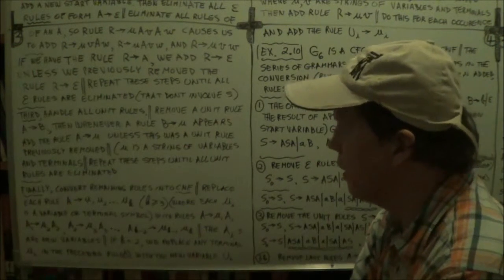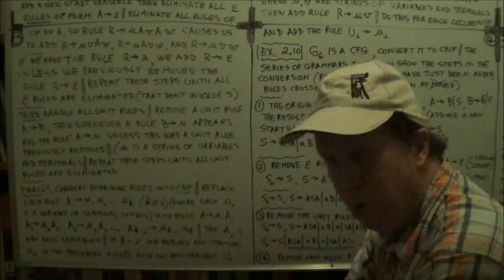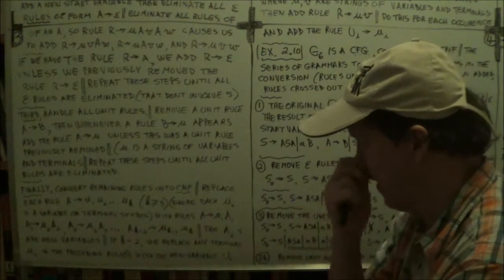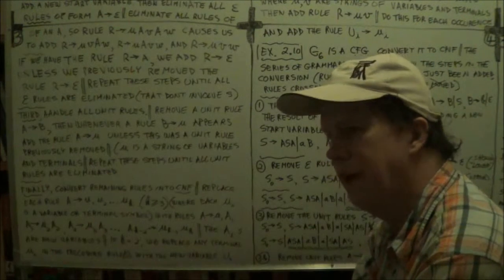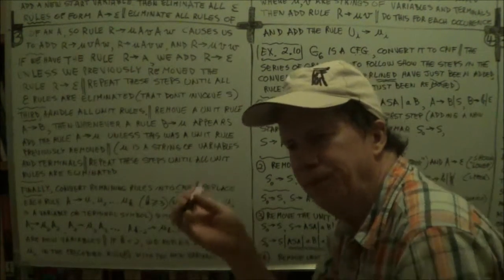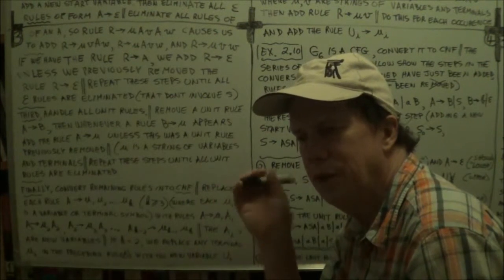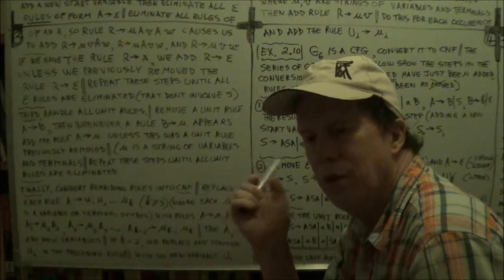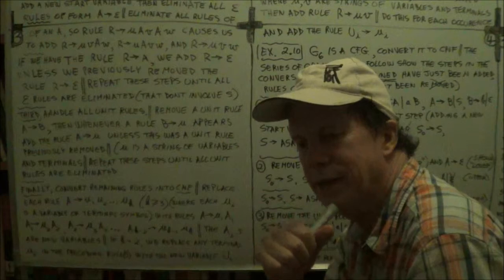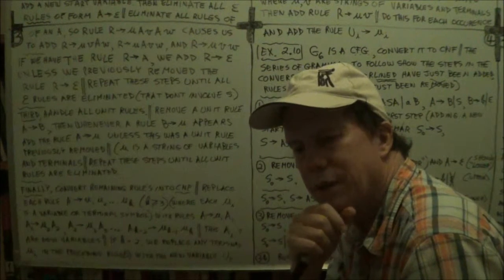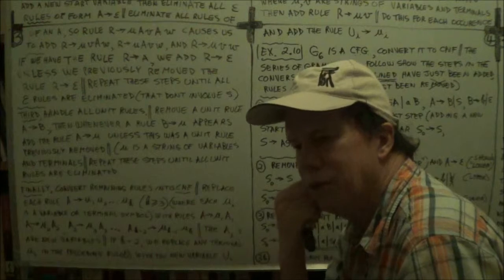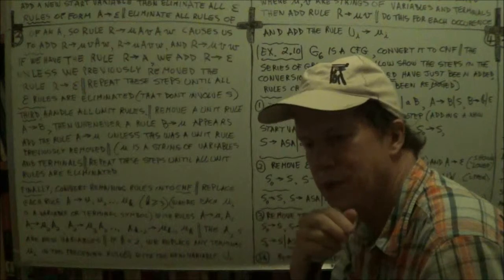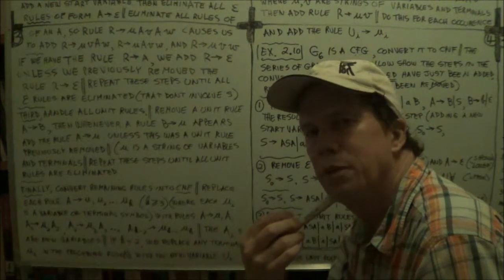Okay? Right, now finally, step 4. There's a sort of logic to it. Step 1, we added a start variable to the new grammar. Step 2, we got rid of the epsilon rules, where the right hand side was the empty string. And then step 3, we got rid of the unit rules, where on the right hand side was a single variable.